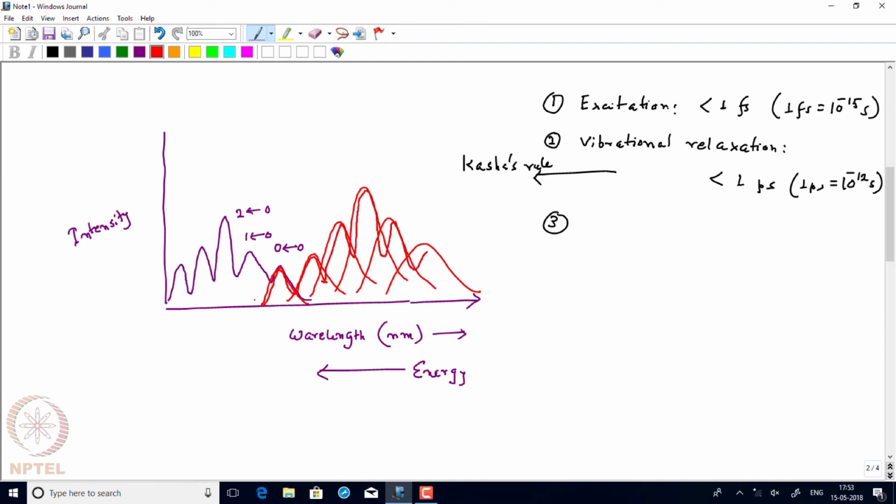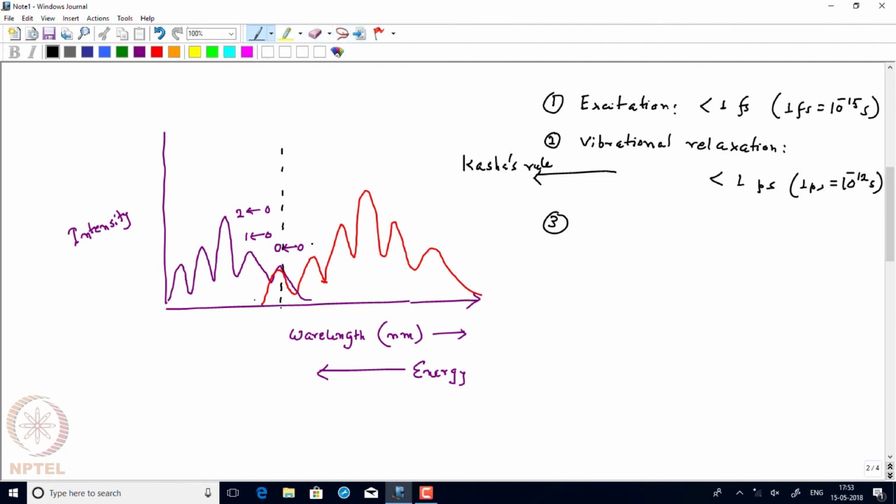It will also have a structure like this, and so we say that this absorption and emission spectrum looks like a mirror image, in the sense that the 0,0 transition, as you can see here, actually overlaps very nicely, because this is practically the same energy transition, and then you have 0 to 1 for the excited state.